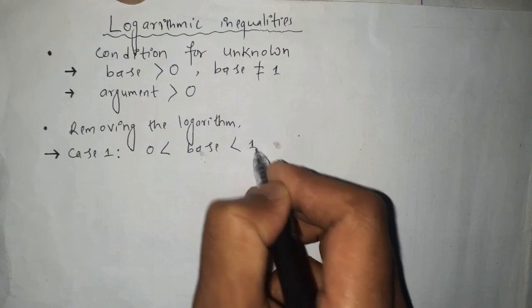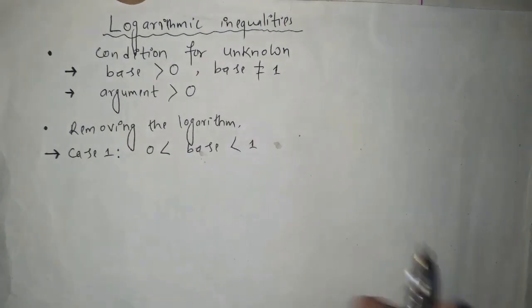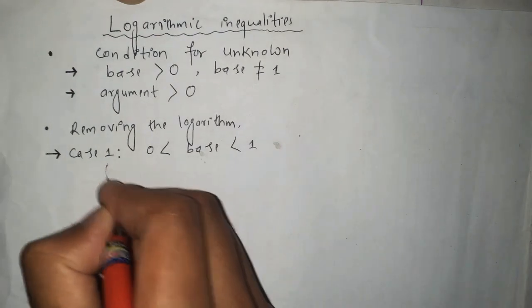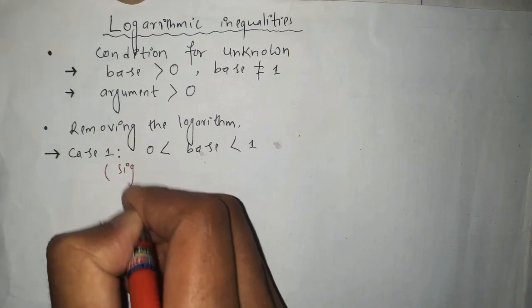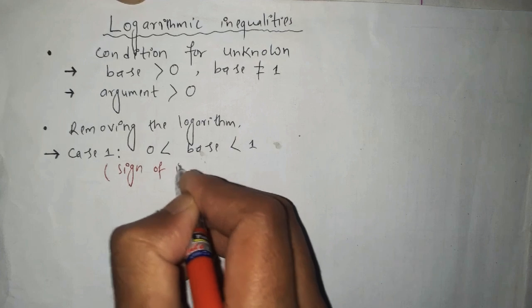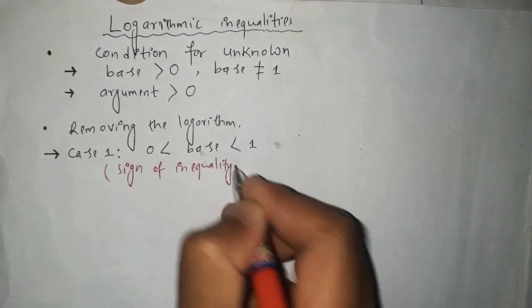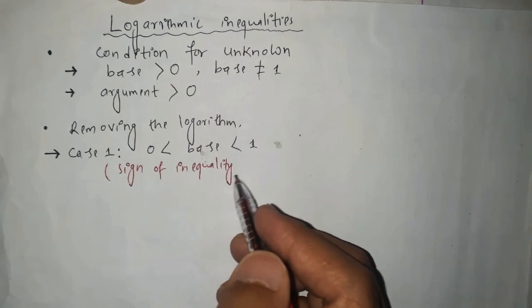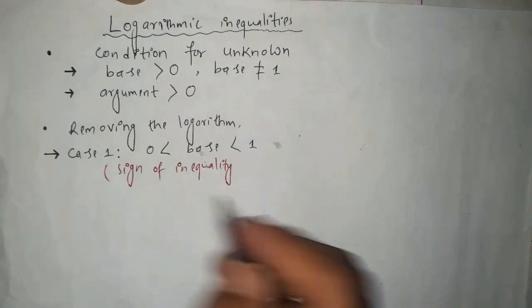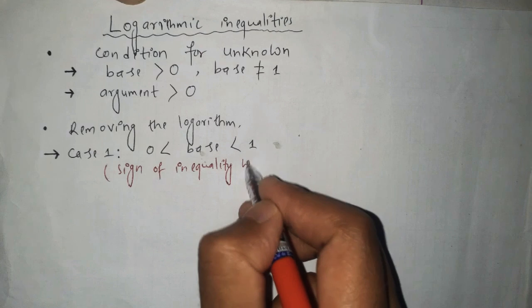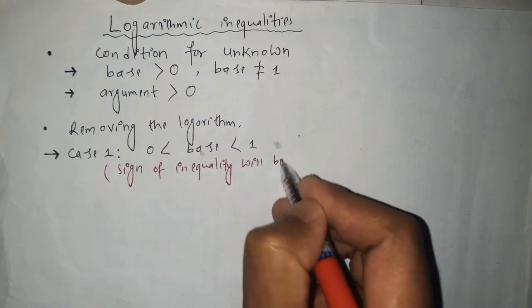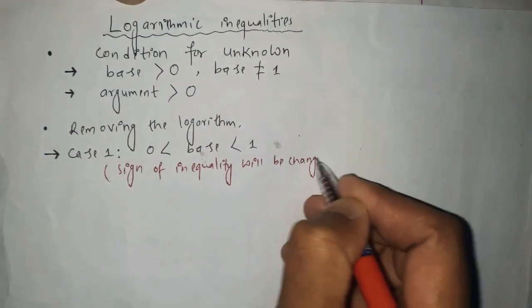If the base lies between 0 and 1, then the sign of the inequality, please remember this point, that is greater than or equal to, less than, the sign of the inequality will be changed.